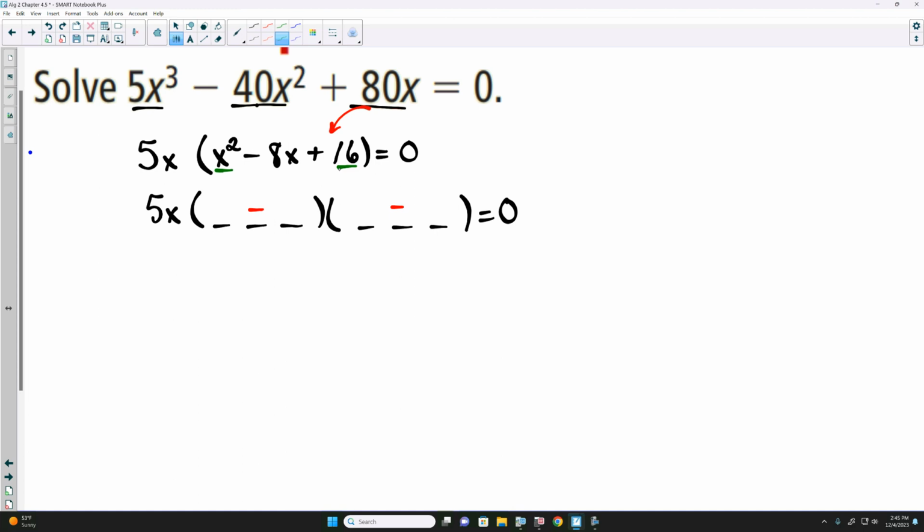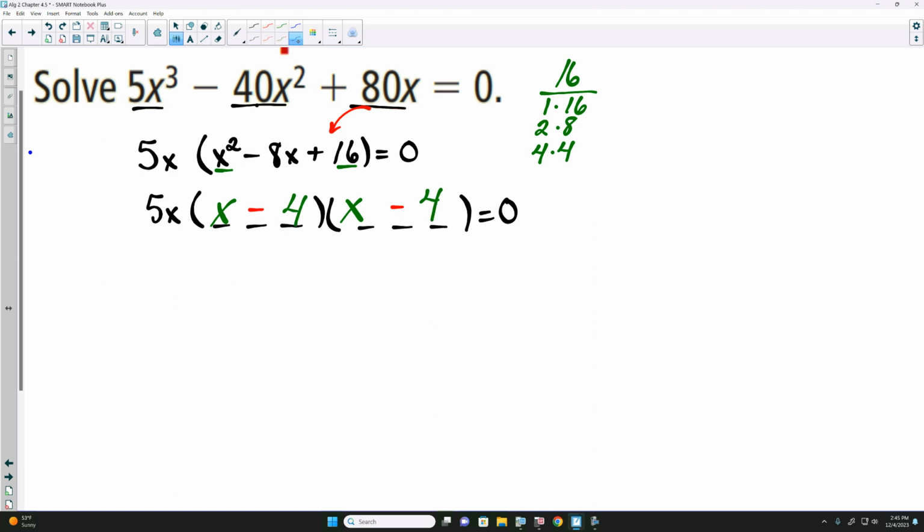Factors of the first and third term. Factors of x squared are x and x, because that's the only set of factors, so we can just plug it in. Factors of 16: 1 and 16, 2 and 8, 4 and 4. Which set of factors do we want to try? 4 and 4.